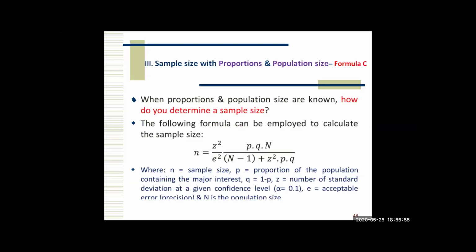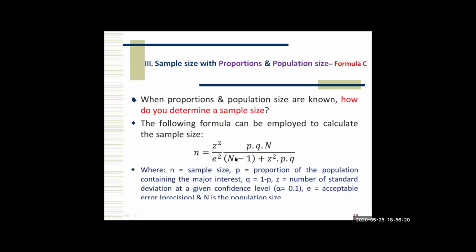Formula C is for when you have information on both proportions and the population size. If you have exactly the total number of the population to be calculated, and if you also have certain additional information about the proportions of the study, you will use this one. N, Z squared, E squared.